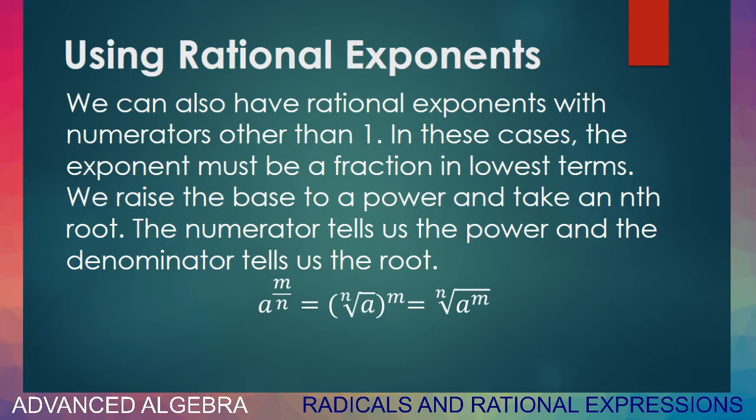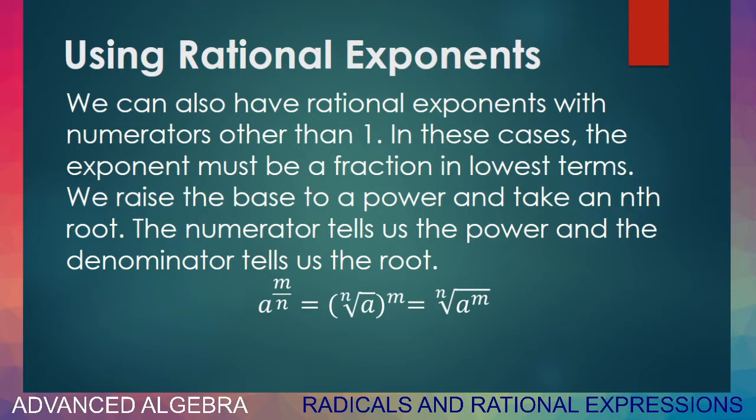So, we raise the base to a power and take an nth root. Tama pala yun. So, the numerator tells us the power and the denominator tells us the root. So, a to the power of m over n is equal to the quantity of nth root of a, raised to m.